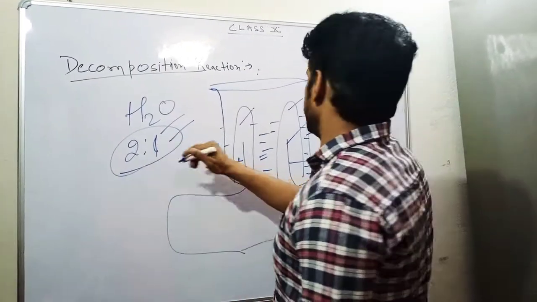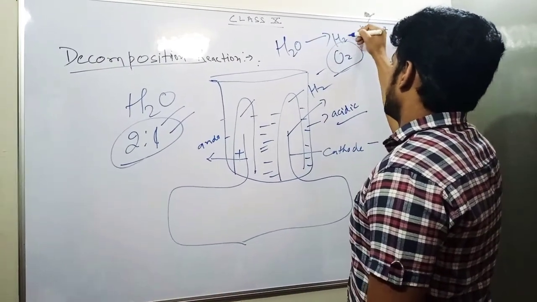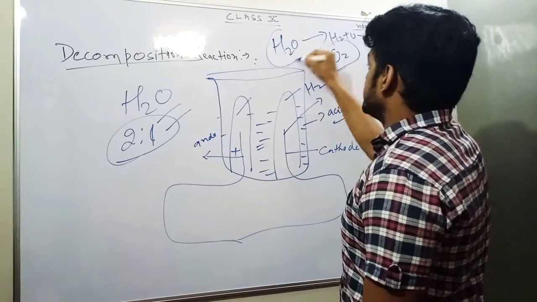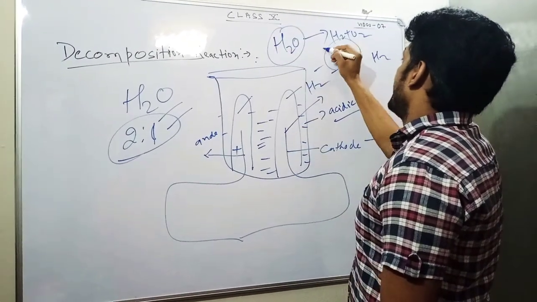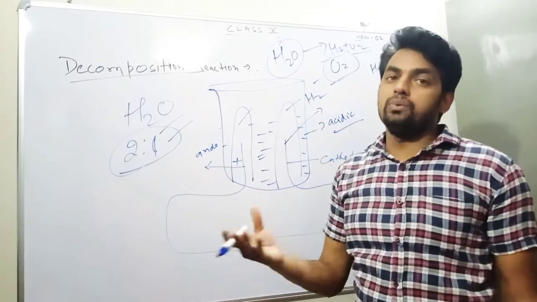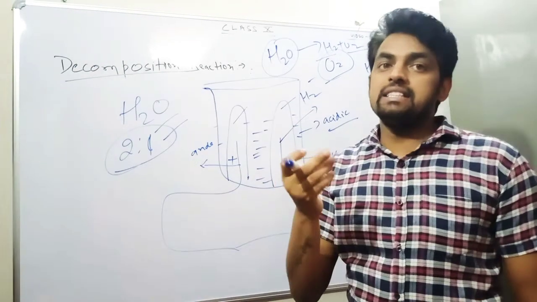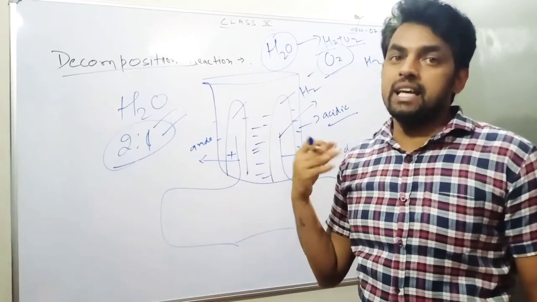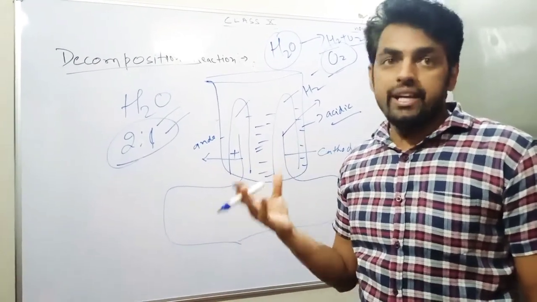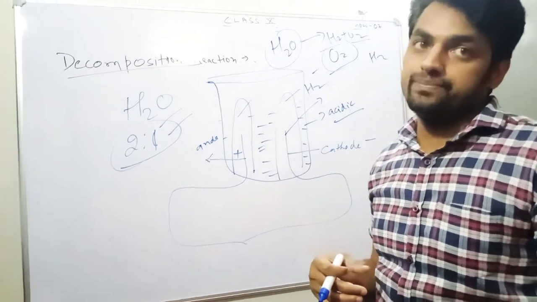H2O splits into 2 parts, H2 and O2. Here one single substance is broken down into 2 different substances. That kind of reaction is a decomposition reaction, and since electricity is used, it is called an electrolytic decomposition reaction.